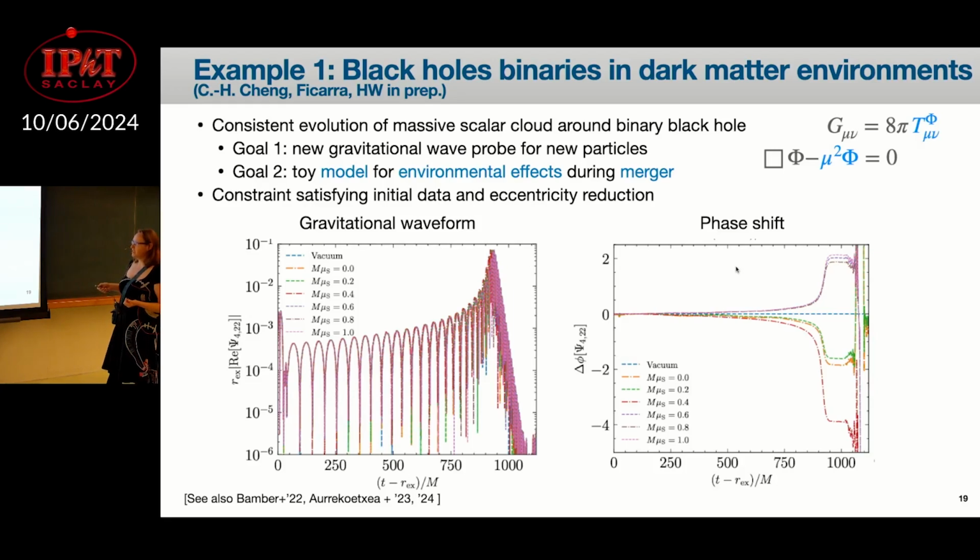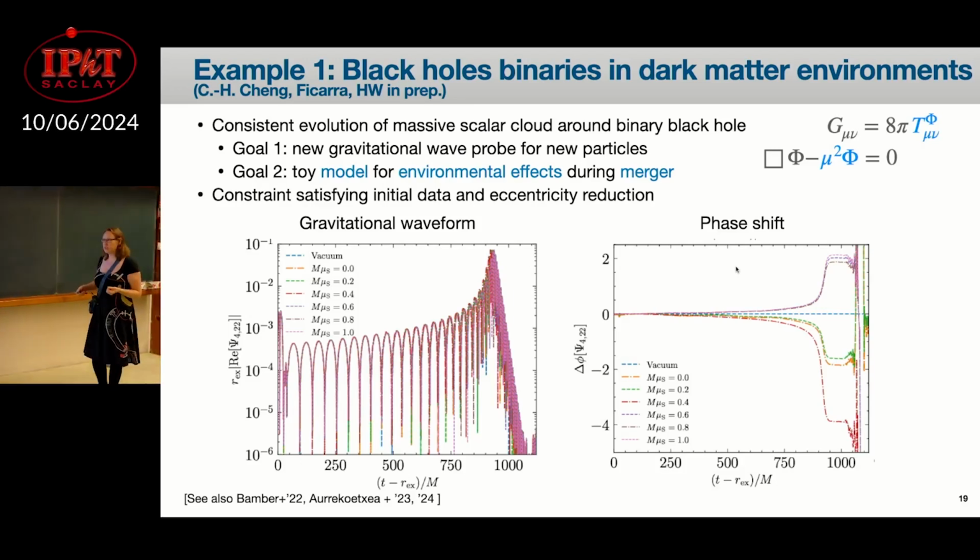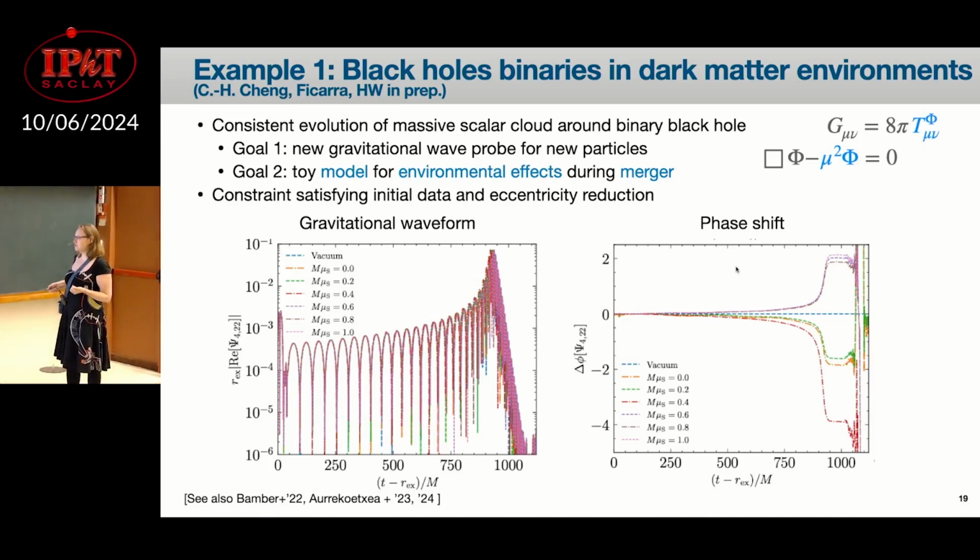It's hard to see here, but it seems that there is some kind of shift with respect to the vacuum before and after. Since it's so hard to see, we actually computed the shift of the gravitational wave phase, again as a function of time.